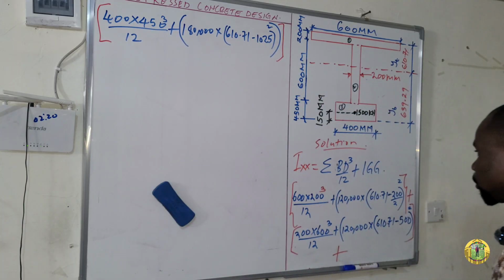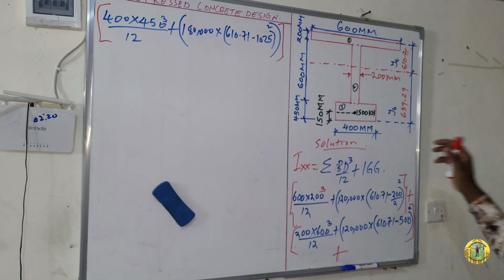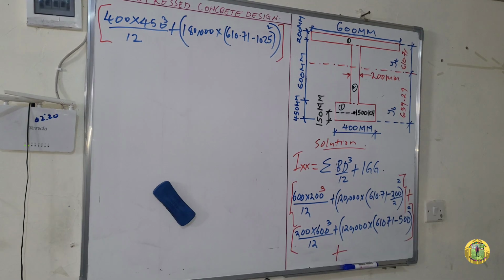After doing so, you are done with the section, the Ixx. So carry out the operation to get the value for Ixx.